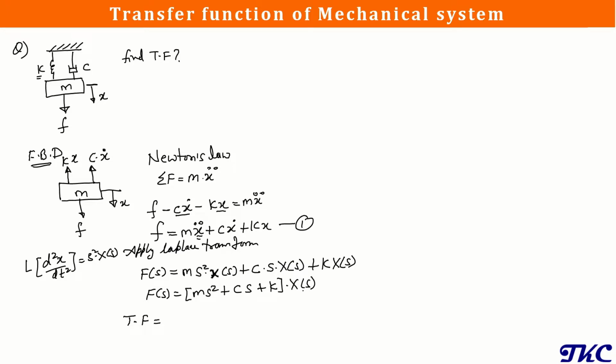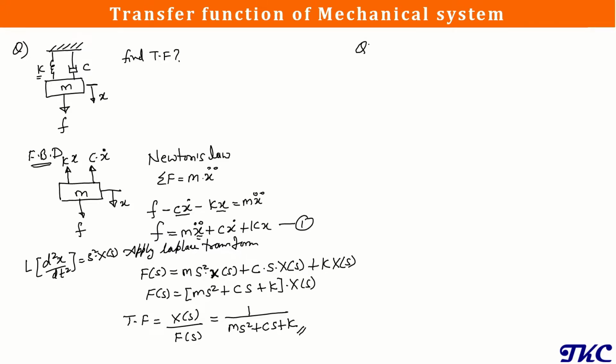The output here is X of s, and the input is the force acting on the system, this force F, so the input F of s. So this term we can write as 1 by ms square plus cs plus k. This is the transfer function for this translational mechanical system.